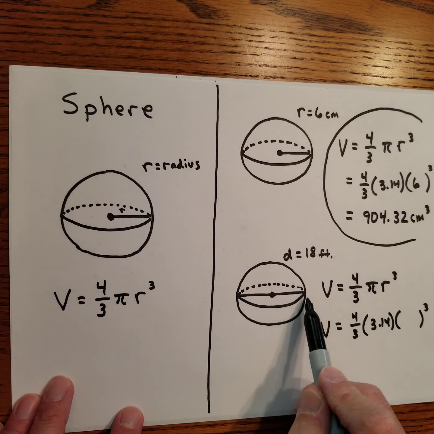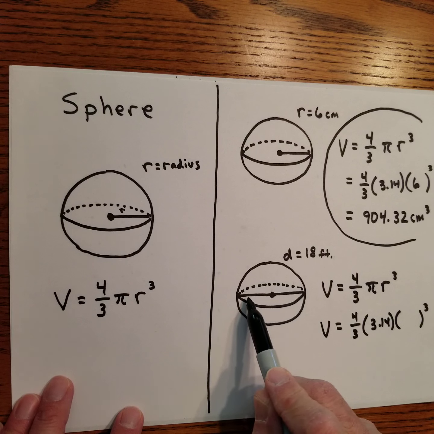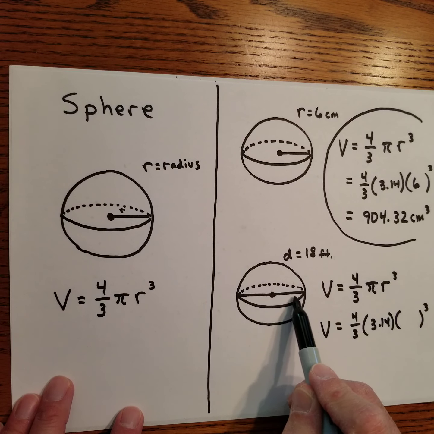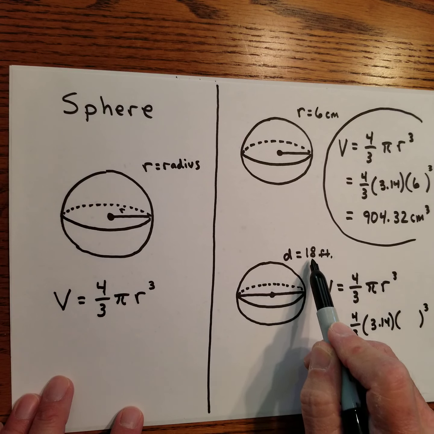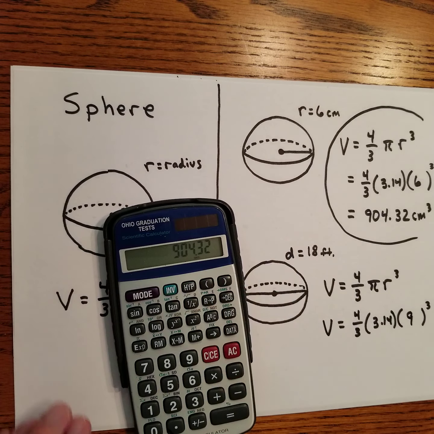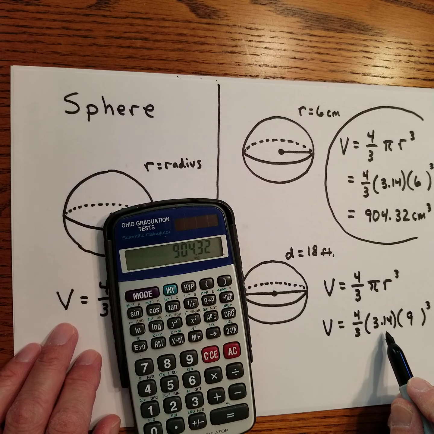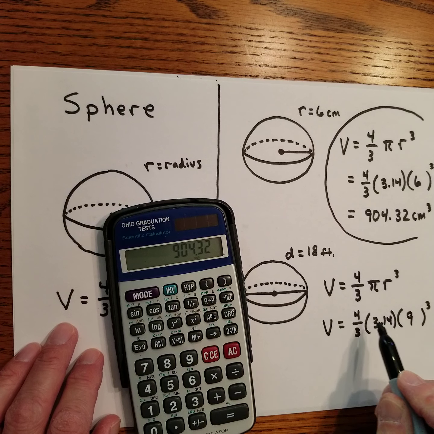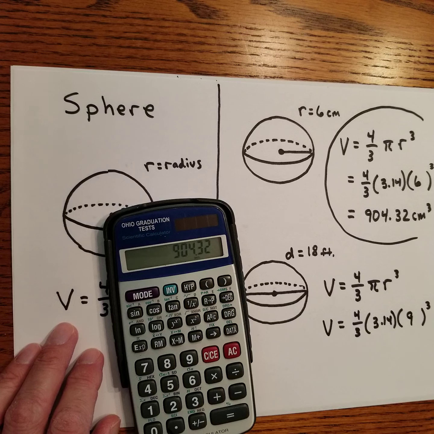This line goes all the way across the sphere. That's not a radius, that's a diameter. I only want to go halfway across, which means I need half of the diameter. Half of 18, that's 9. So on my calculator, I'll go 3.14 times 9 times 9 times 9 times 4, divide by 3.